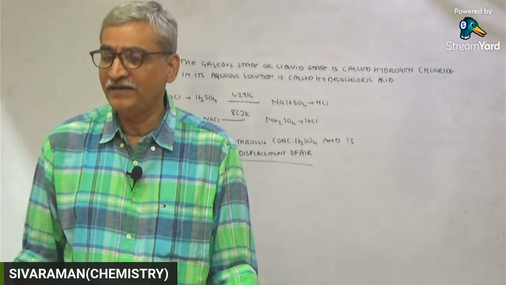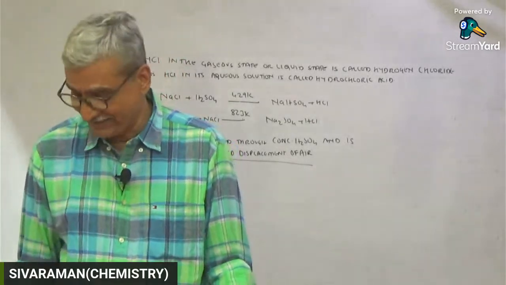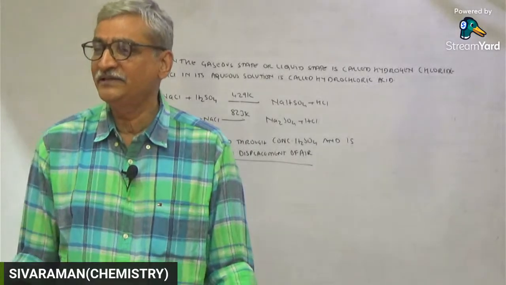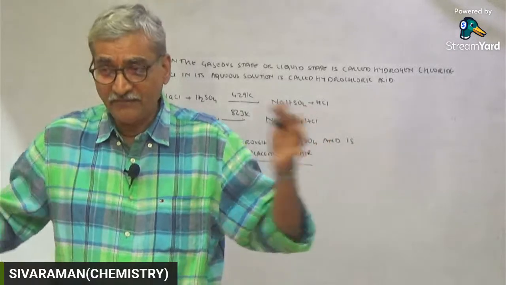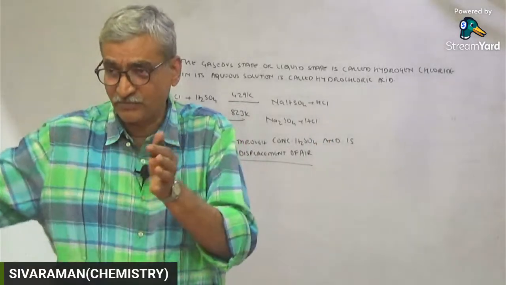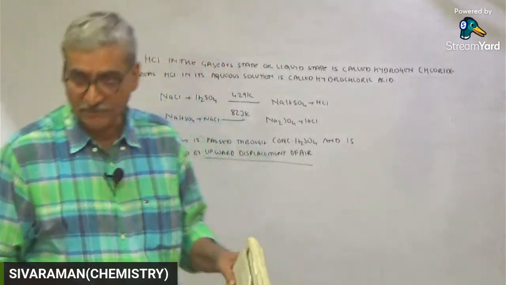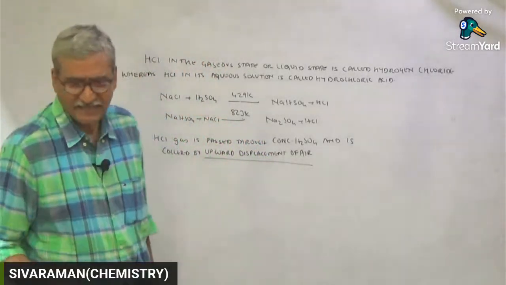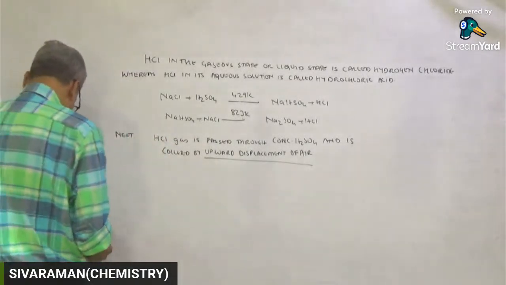People die in Bombay during this season because the oxygen content in the air decreases as poisonous gases like HCl, sulfur dioxide, carbon dioxide and nitric oxide increase. All this together decreases the partial pressure of oxygen.